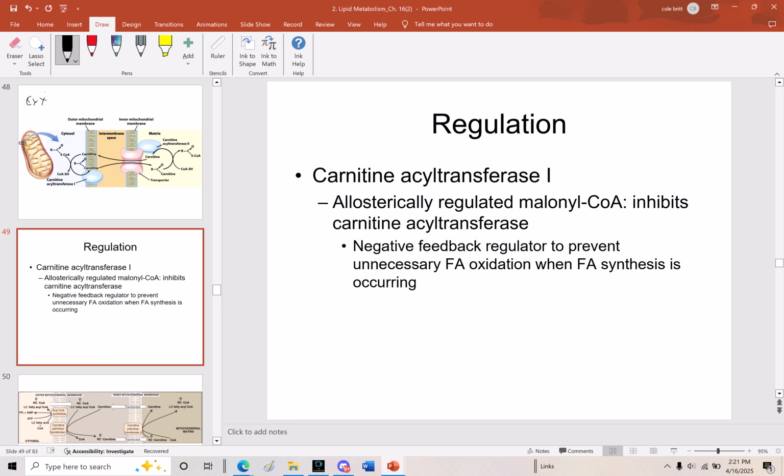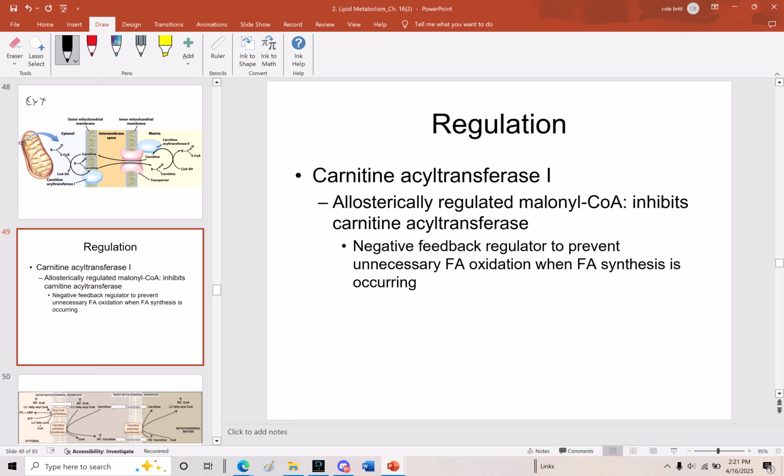Let me ask you guys, does it make sense for the cell to do fatty acid synthesis and fatty acid breakdown at the same time? No. That's what this is doing. You do not want fatty acid synthesis and fatty acid breakdown happening at the same time. If you're doing fatty acid synthesis, you're making a lot of malonyl-CoA in the cytosol.